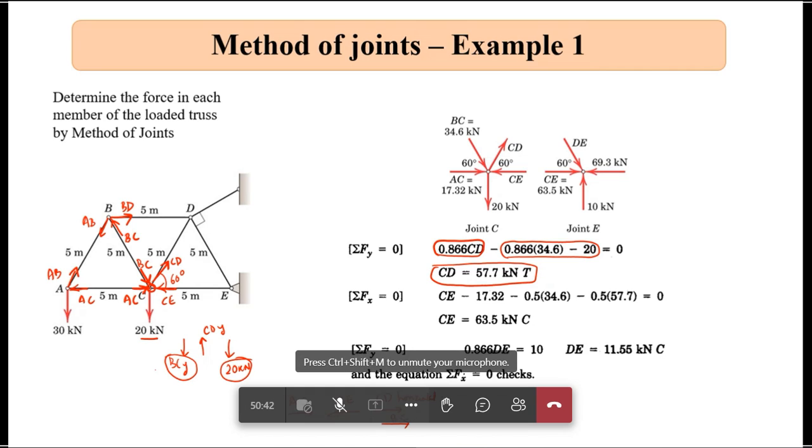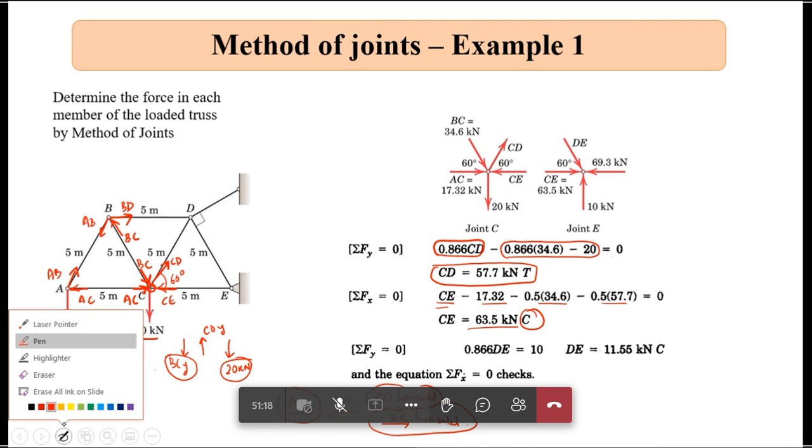Horizontal component of BC, correct? So CE will be equal to summation of this, summation of this, and summation of this. That is what they have done. From that again I get CE equal to 63.5 kilonewton compression. So the assumed direction for me is correct, right?